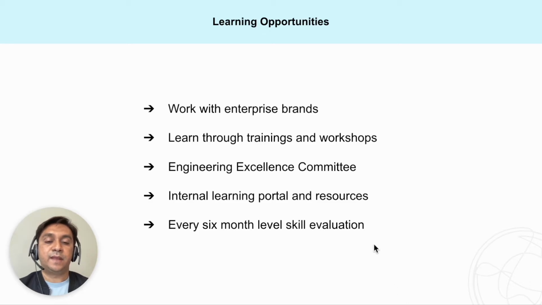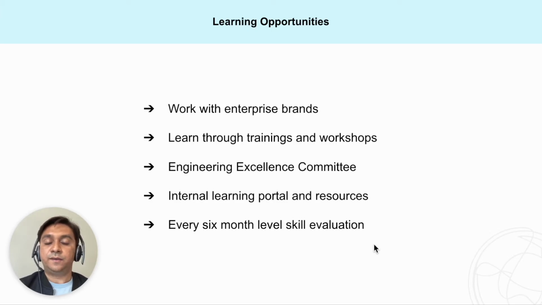Next, at Multidots, we always schedule a lot of internal trainings and workshops. So that is a very good learning opportunity for you, where we schedule these learning workshops by the senior engineers or engineering managers, so that all our employees, all our dots can be up to date with the latest knowledge. So that is a great learning opportunity that we provide.